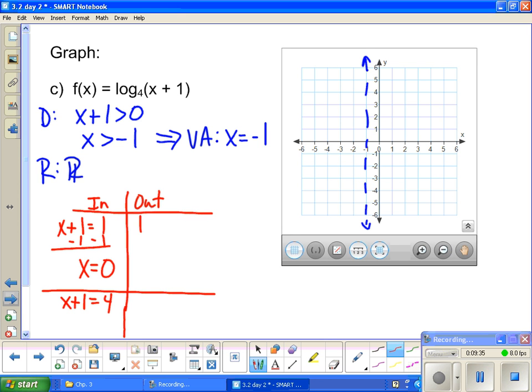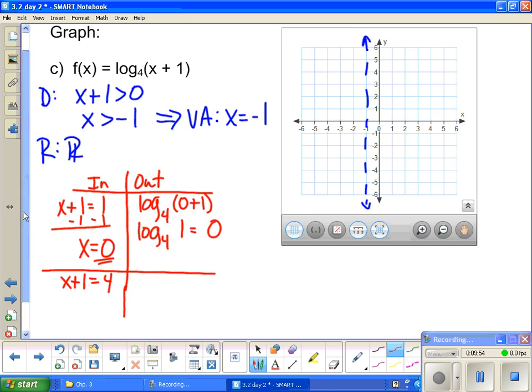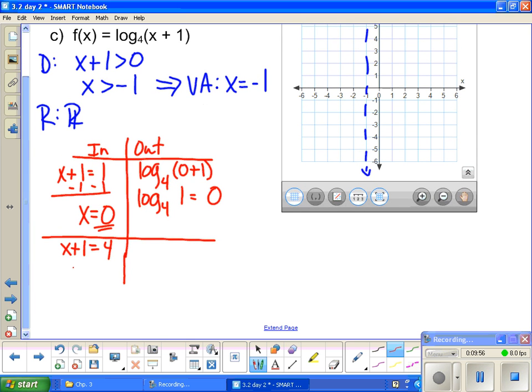Let's look at this. Log base 4 of (x is 0, right there, plus 1), log base 4 of 1, is equal to 0. So I can use my identities, my properties that I have. Subtract 1, my x is equal to 3.